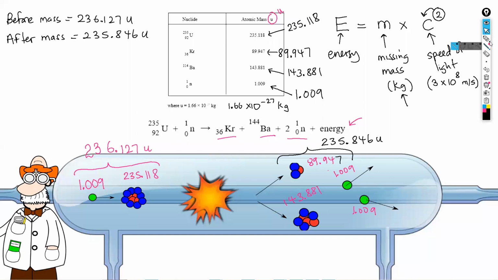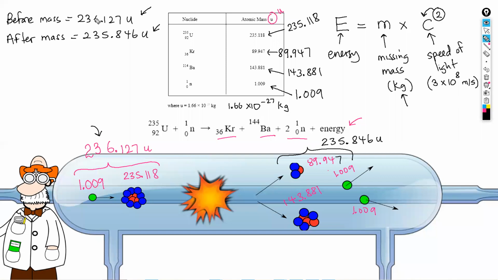All right. So before the reaction, the total mass was 236.127. That is this guy. And afterwards, even though we had 4 items, this was the mass. Do you all notice the value got a little bit smaller? You can see from the first 3 values.